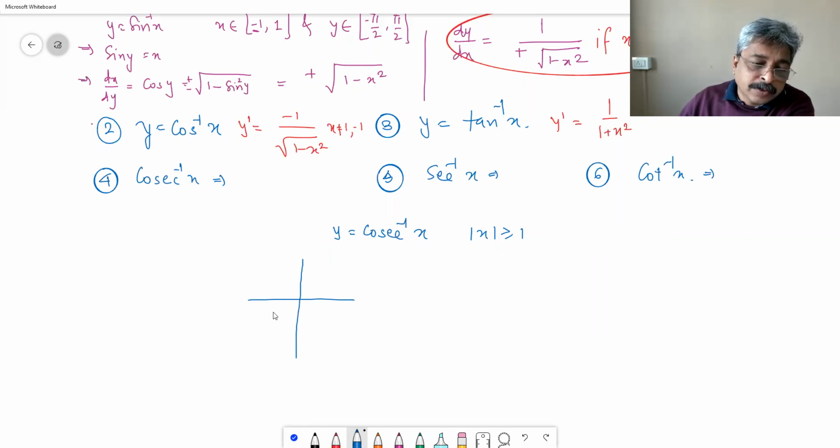So now this is our sine, and therefore this is our cosec, right? So if we invert it, it will become something like this.